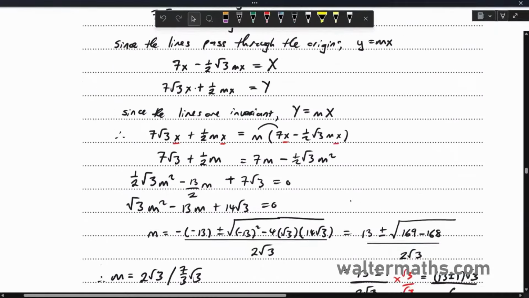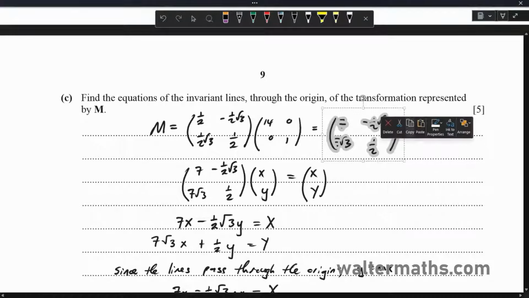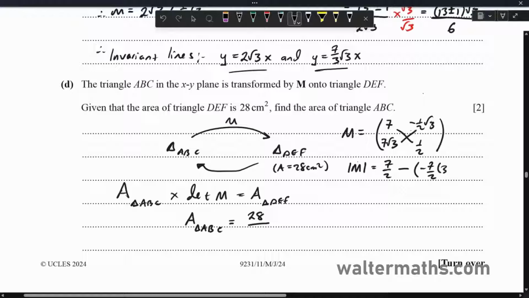Now the determinant of M, remember M, we got it to be equivalent to this. Let me copy it and paste it down here. So this is the matrix M. The determinant of M is 7 over 2 minus the product here, which is 7 over 2 of root 3 times root 3, and that is 3.